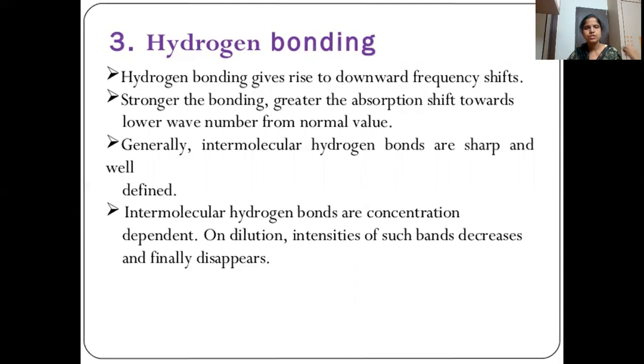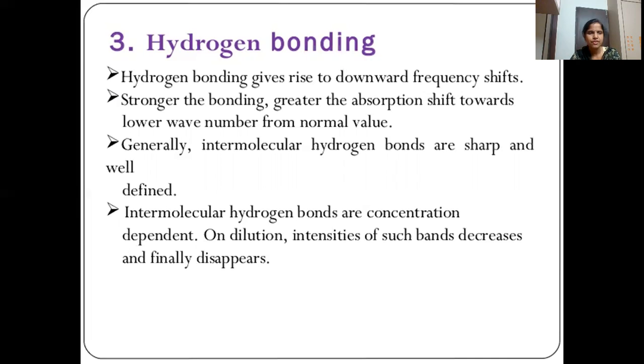As we know, when a hydrogen bond is formed, the bond length will increase, and when the bond length increases, the force constant will decrease. The vibrational frequency is directly proportional to the bond strength or the force constant. So when the force constant decreases, vibrational frequency also decreases.